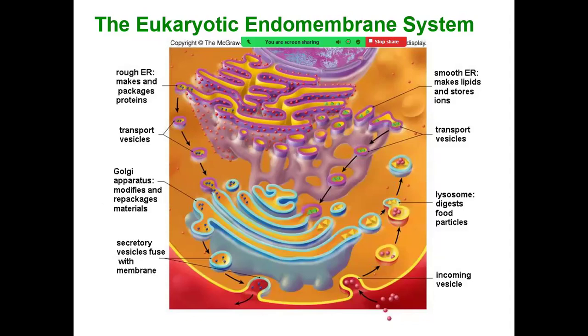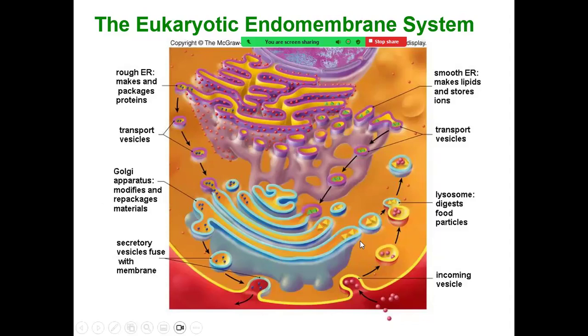Then the protein moves from this side of the Golgi apparatus to this side, and the proteins are packaged up. Then a vesicle buds off of the Golgi apparatus from this side.